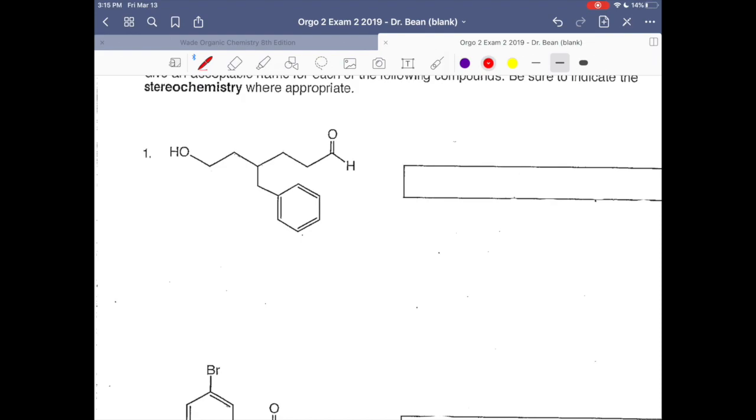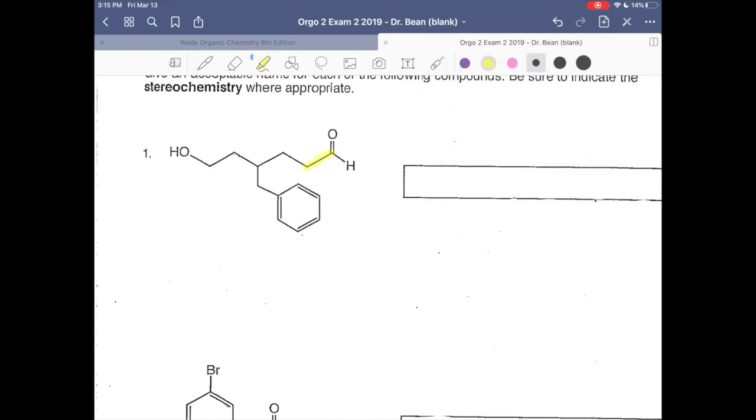So of course, as always, we want to identify what is our highest priority group in this molecule. All right, so we have an aldehyde, we have a hydroxy, an alcohol. So what's going to be of higher priority? Your answer should be the aldehyde, right?